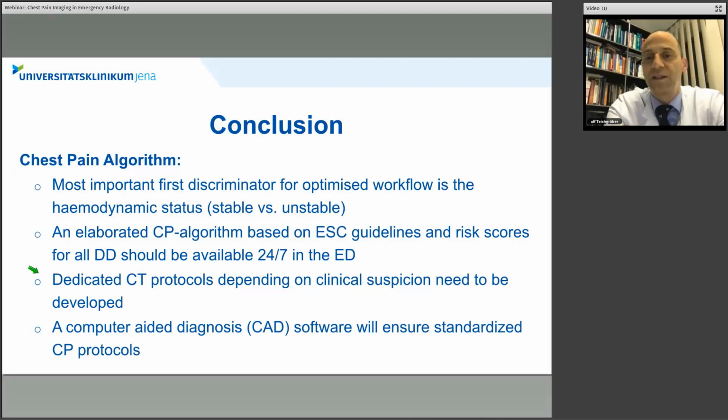Oh yes, one question was, are all techs able to provide this 24/7? Yes, and what was very helpful for us is that we started very early with our Big 5 protocol. This Big 5 protocol, which I briefly mentioned in the beginning of my talk, is an elaborate program for stroke, a stroke protocol which includes the heart, and is also a triggered protocol.